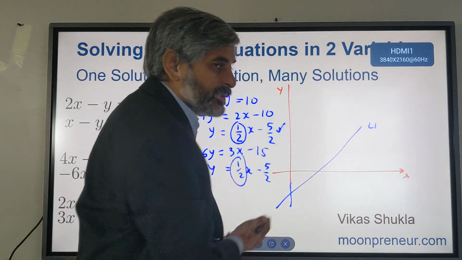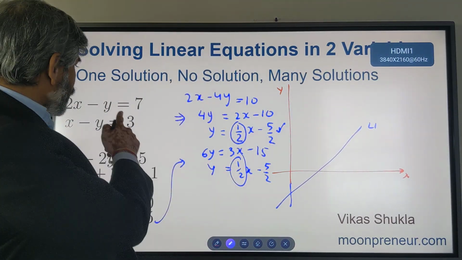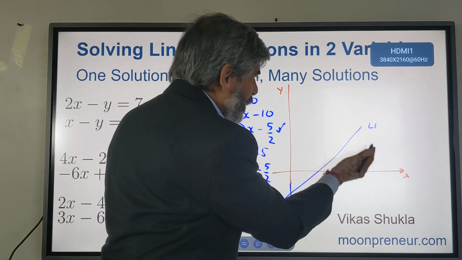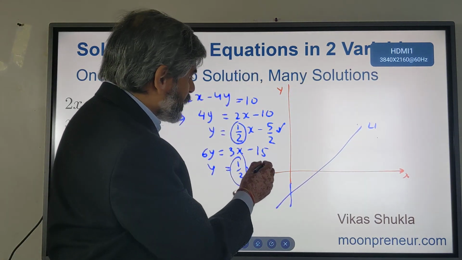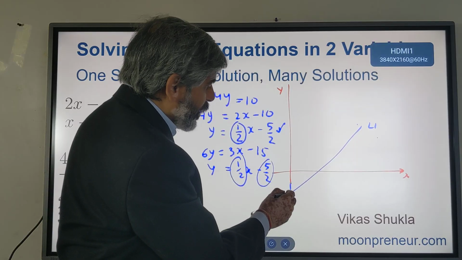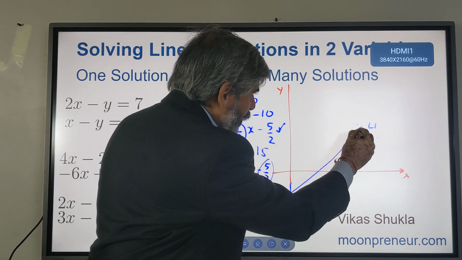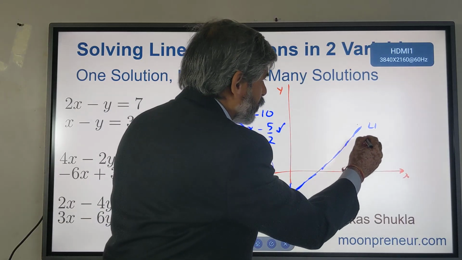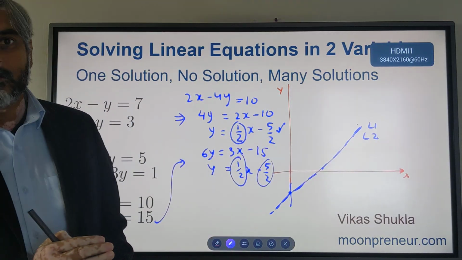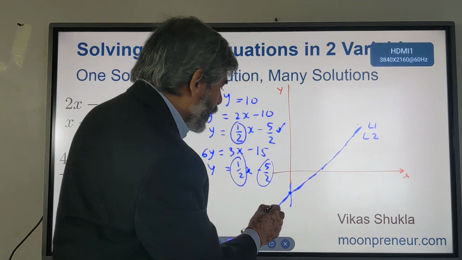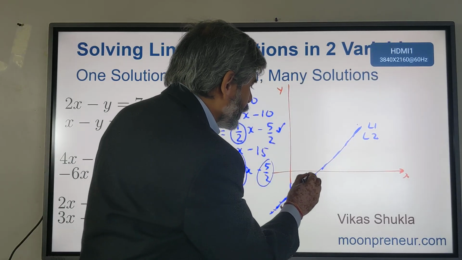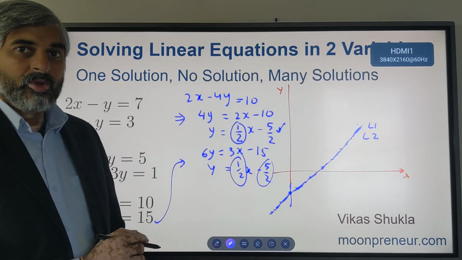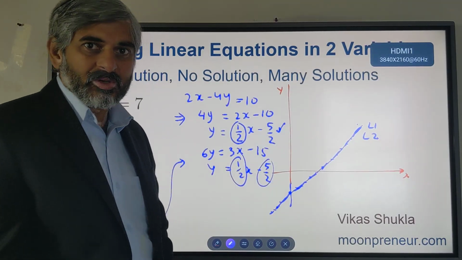This is parallel to this line, but it's different from the earlier case because this line is the same as this line, since their y intercept is also the same. So L1 as well as this L2 line, shown as dotted, both overlap each other, and therefore any point on this line is going to be a solution of this equation. So we have infinitely many solutions.